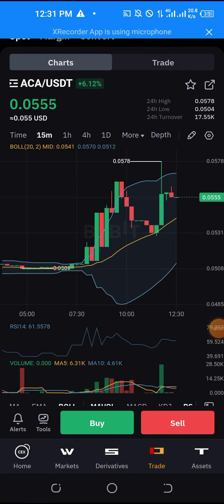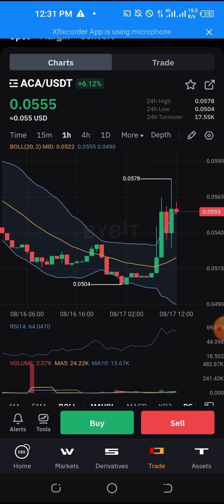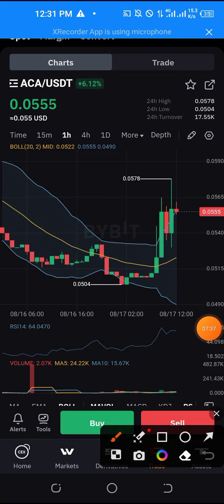Let us put it on 1 hour time frame. It's on 1 hour time frame. And then the RSI is 64. Remember, the goal is 80. I mean, from 80 upward, 80, 85, 90, like that. That is a good time.